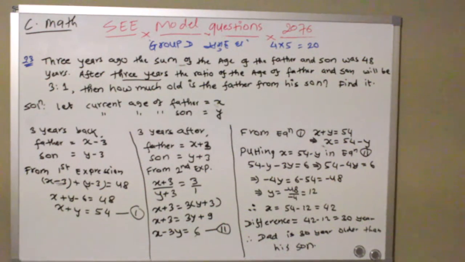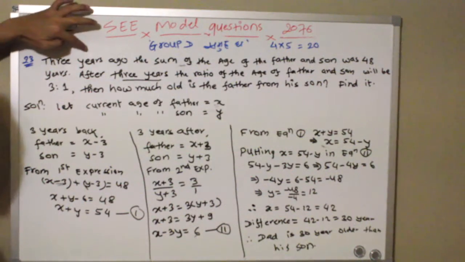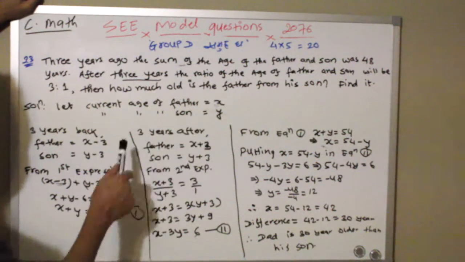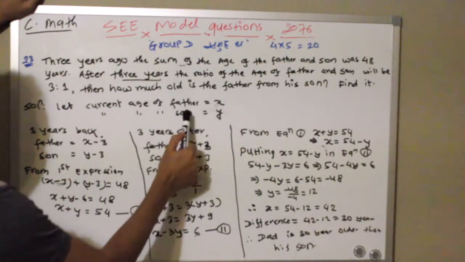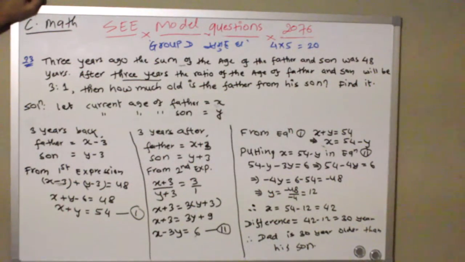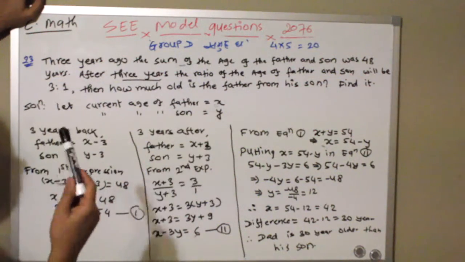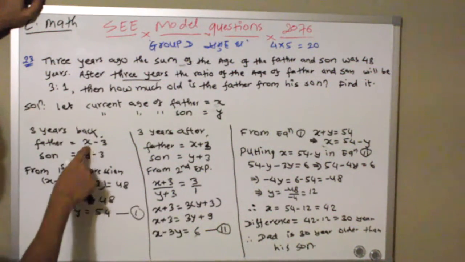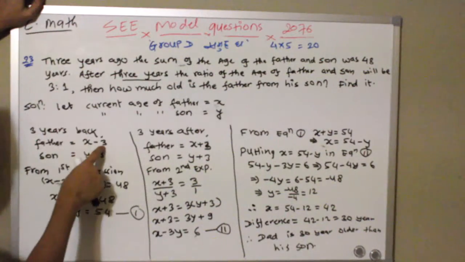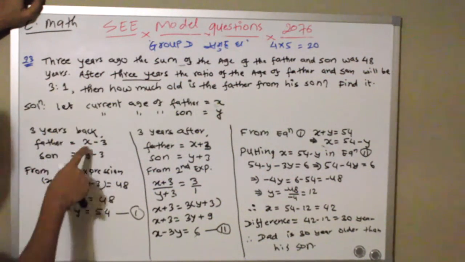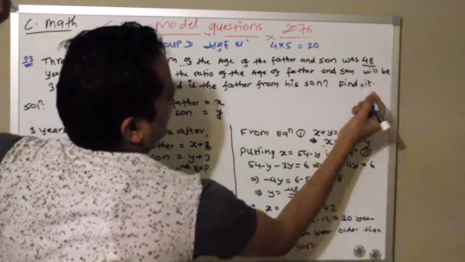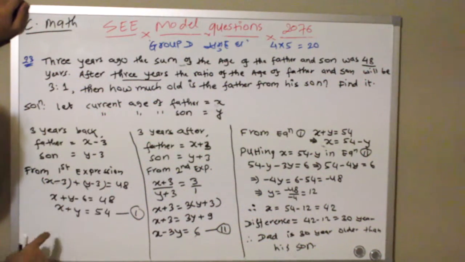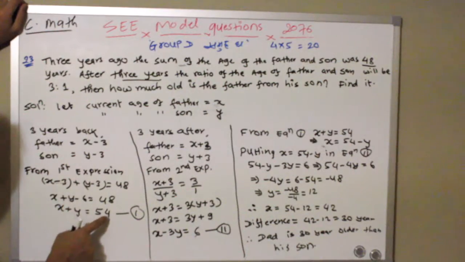So let me explain this again. Firstly, when you have an age problem, suppose their current ages are X and Y. The current age of dad is X, the current age of son is Y. 3 years back means, say currently I am 35, then 3 years back I was 35 minus 3, so you have to subtract, 3 years less for each. 3 years back, their sum was 48, so x plus y equals 54 when I simplify.